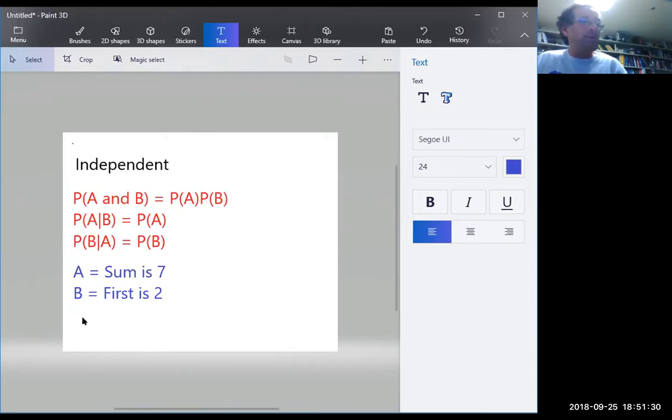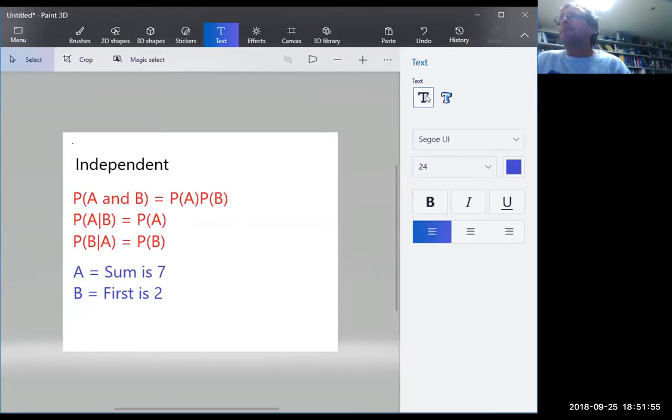And again, you may not know because you may not play dice like I do. But it turns out checking probability A given B equals probability of A is the easier. So let's look at probability of A given B.